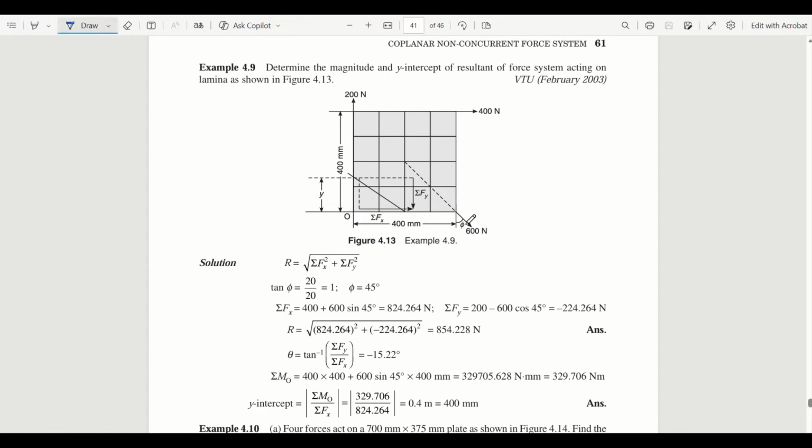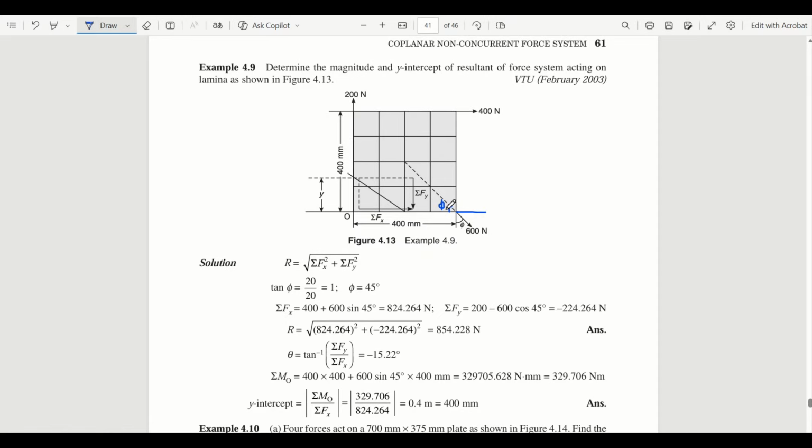This angle is equal to this angle, because these are vertically opposite angles. These two and these two will be equal. Similarly, this and this angle will be equal. Here they have mentioned phi, so I will take phi.